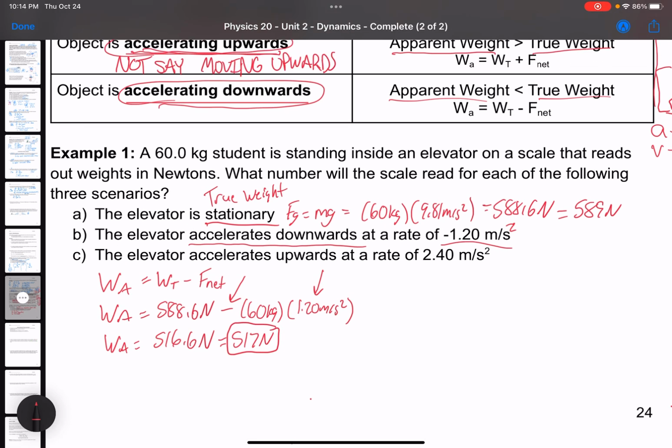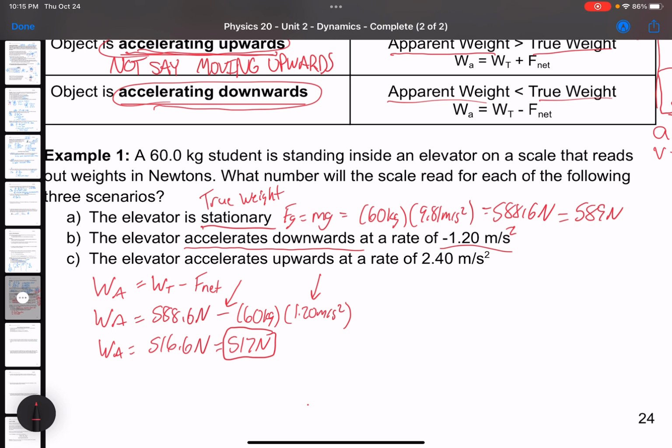Okay, now if I am accelerating upwards at a rate of 2.40, this time my apparent weight is just going to be whatever my true weight is, plus the result of that net force.